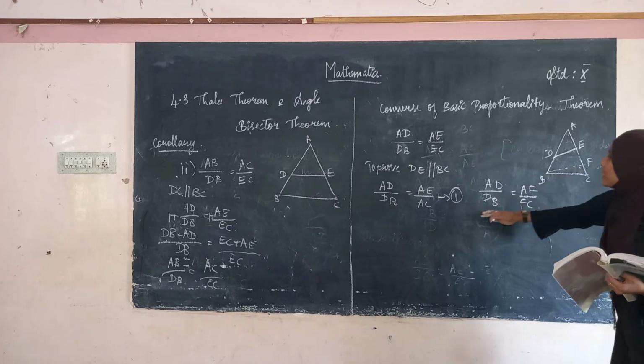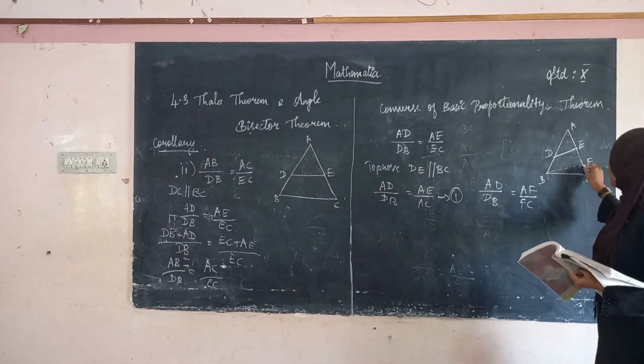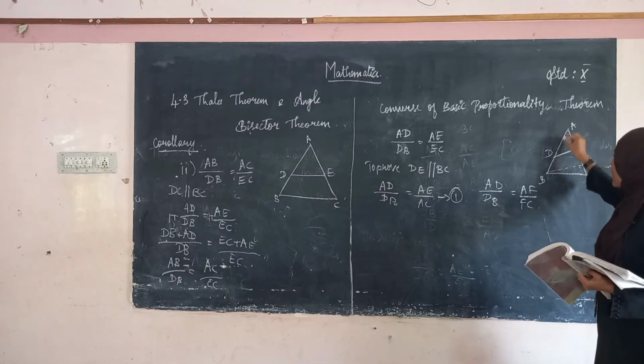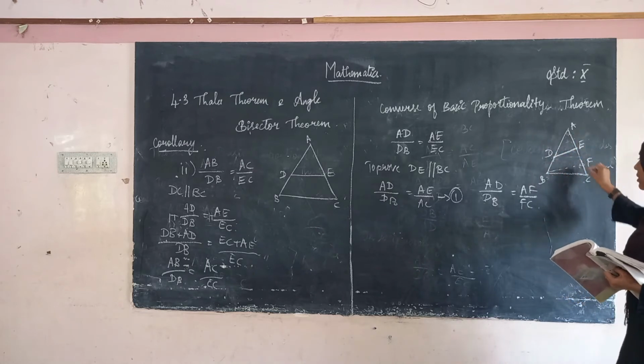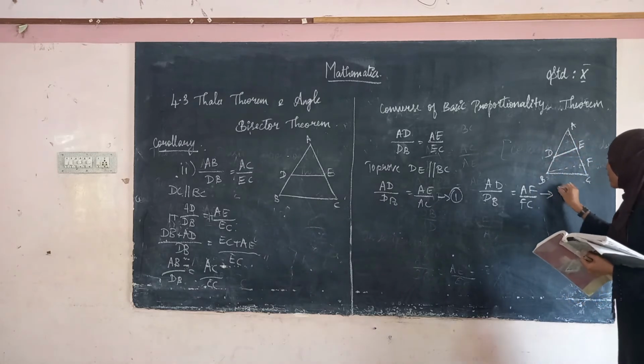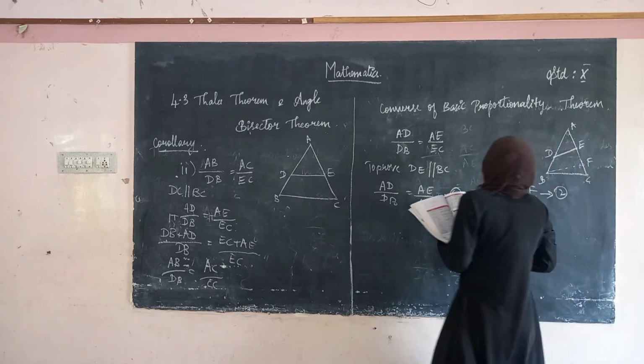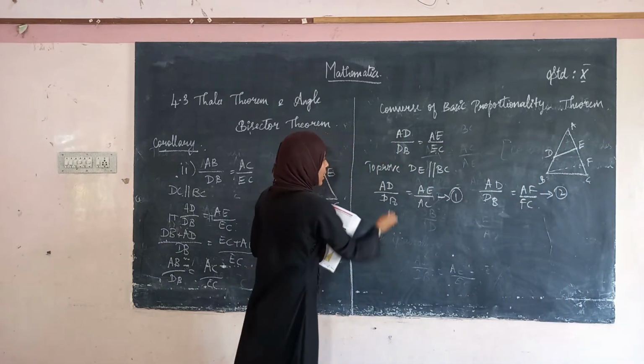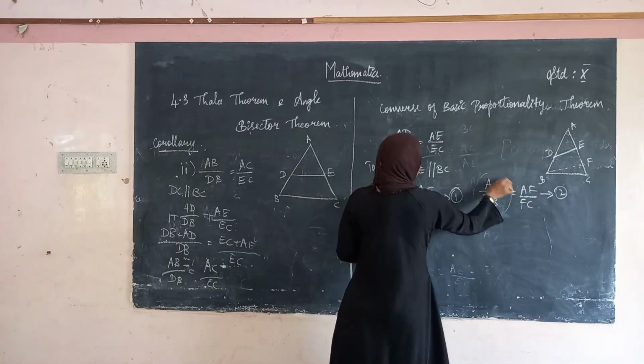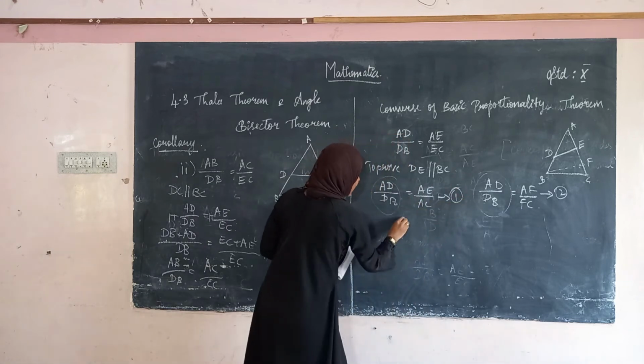Here in this second term we are considering F in the right side and D in the left side, that is AD divided by DB is equal to AF divided by FC. So taking this as 2. See here, in first equation and second equation we are having one term as common. If this is equal to, then we can equate it like this.